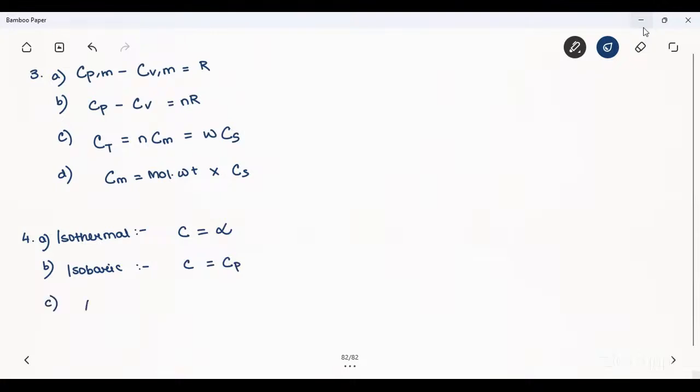For adiabatic process, oh, very good. Your C will be equivalent to 0. And for isochoric process, your C will be equivalent to CV. Right?